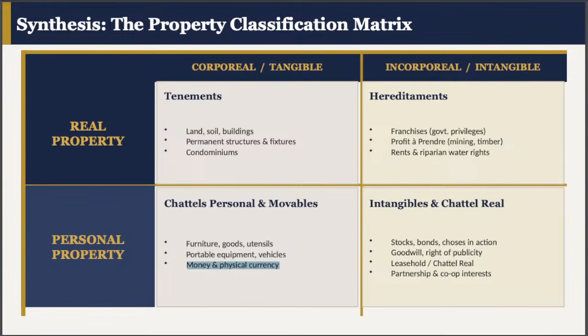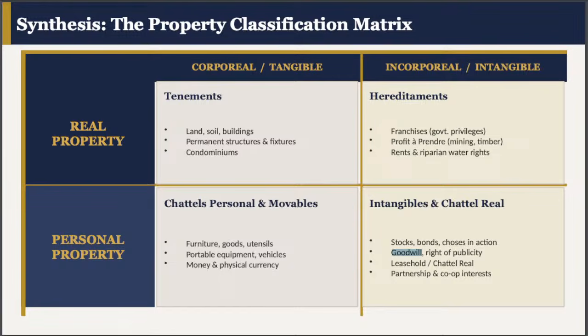Notice how these are two different things. And then we go on to intangibles and the chattel real. These are the other axis of personal property here. We have things like stocks and bonds, choses in action, goodwill, and the right of publicity. This is interesting. And leasehold, chattel real.